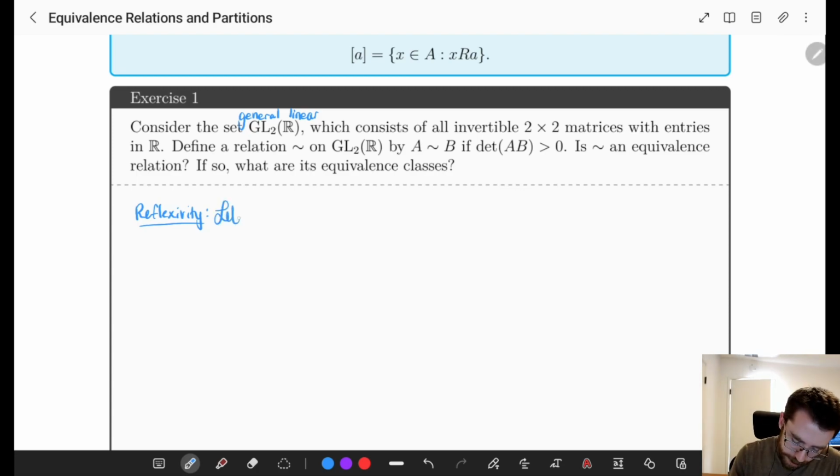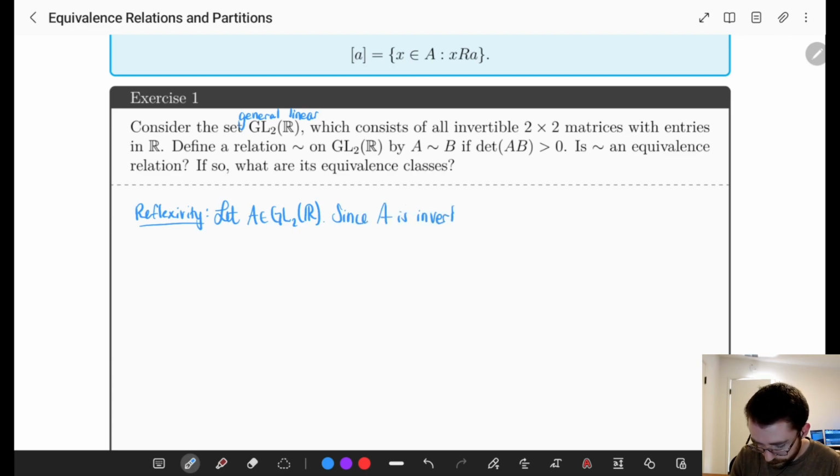So let's take some arbitrary invertible matrix, call it A. Since it's in GL2R, I know it's invertible. So since A is invertible, what do we know about the determinant of invertible matrices? We know the determinant has to be non-zero.